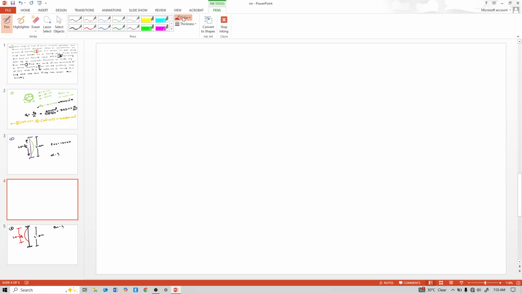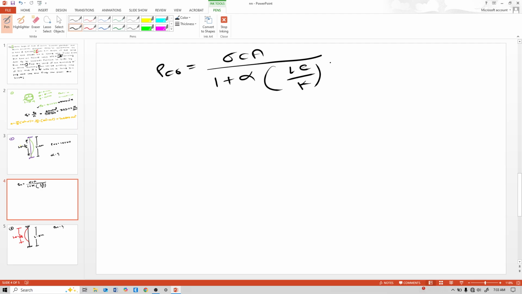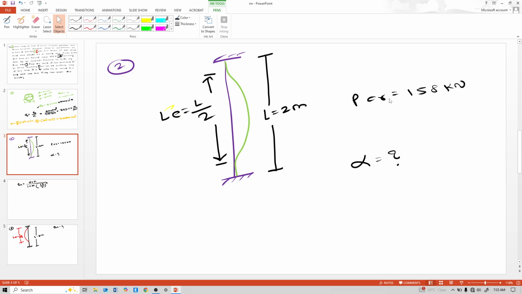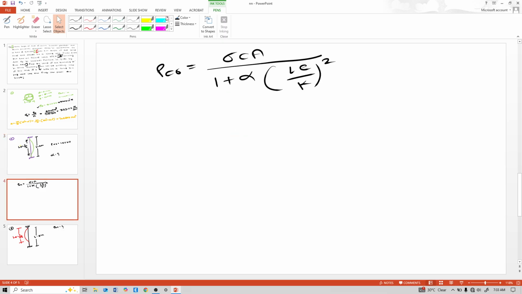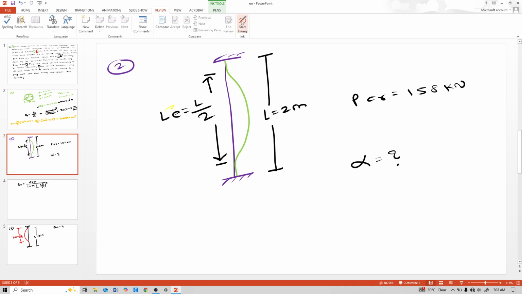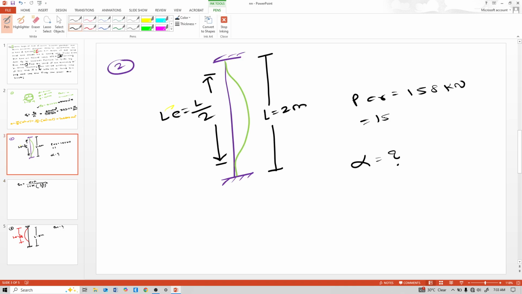See, PCR is equal to sigma C area upon 1 plus alpha and LE by K square. We have that PCR 158 kilonewton. That means in Newton it is 158 into 10 raised to 3 Newton.